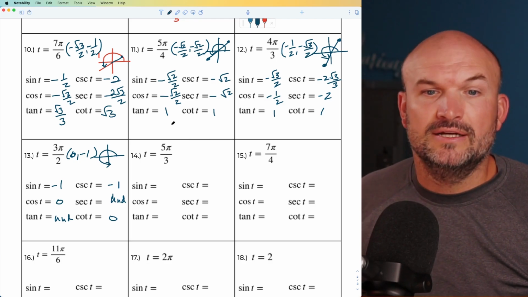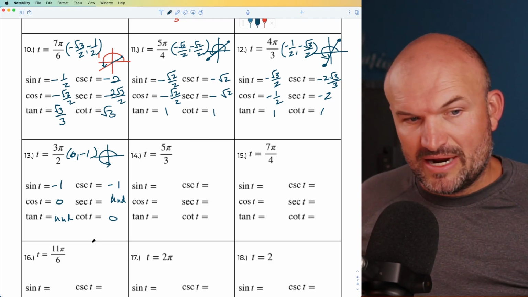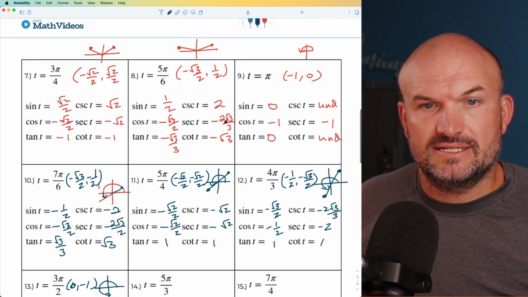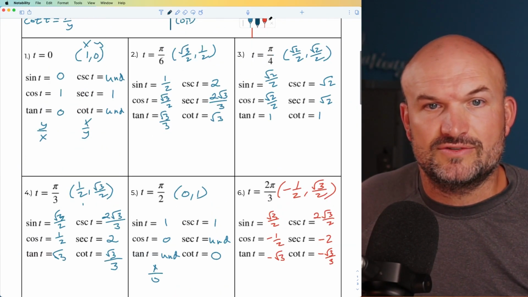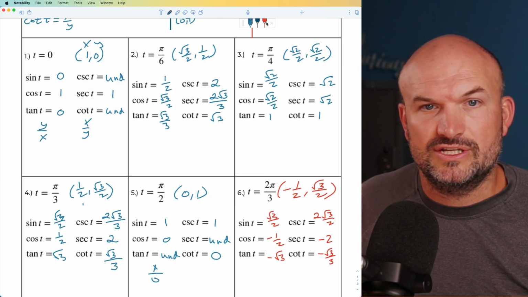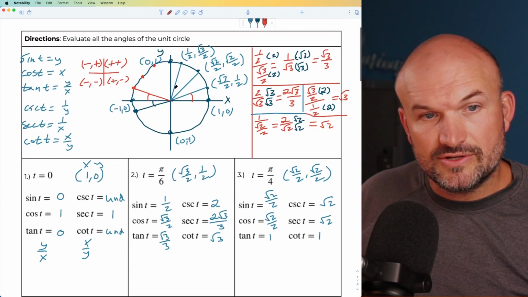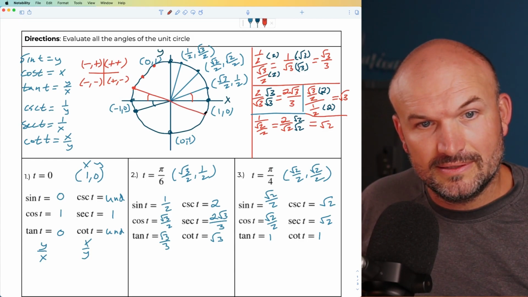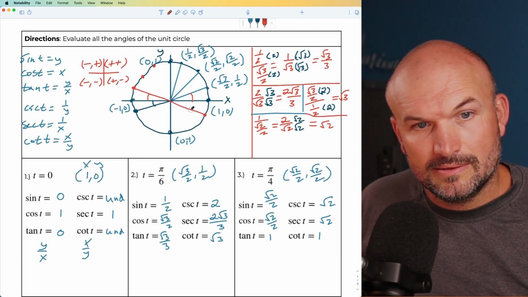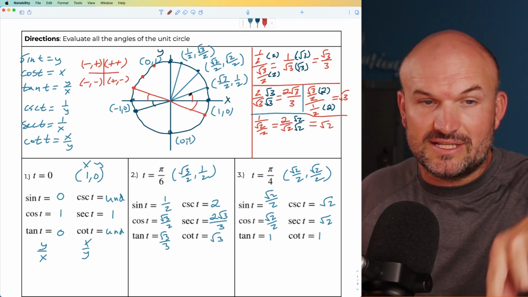5 pi over 3. Before I get to that, let's do 11 pi over 6 because I want to get to one last thing here. Again, let's revert back to red again. So here's 11 pi over 6, right?